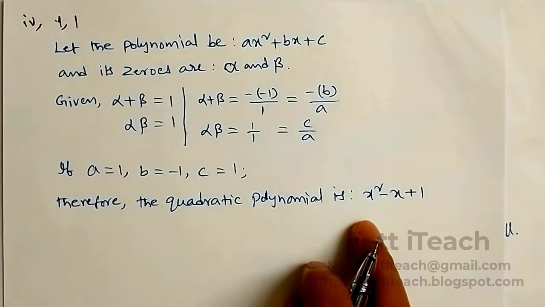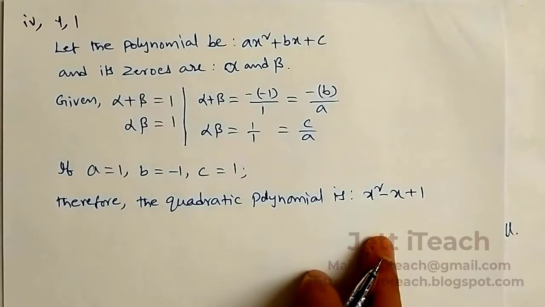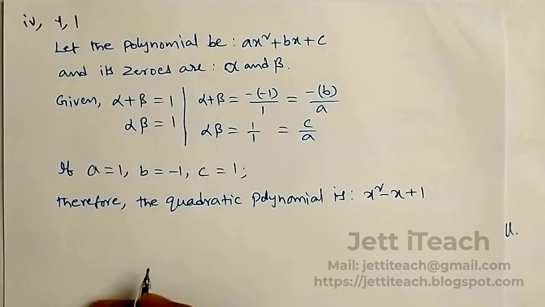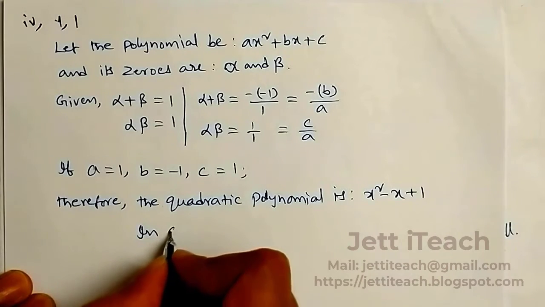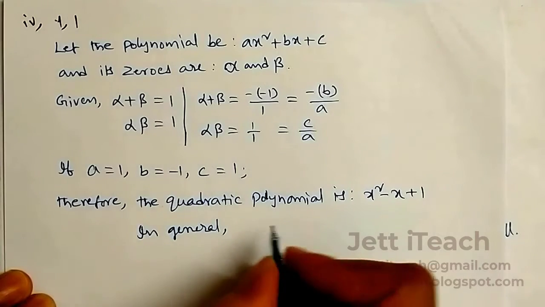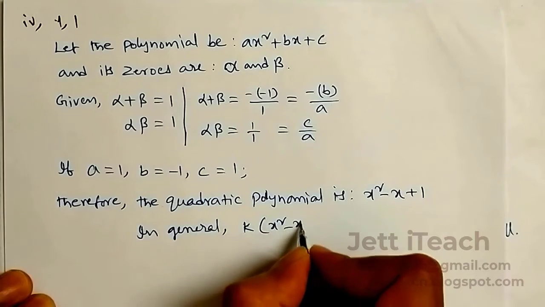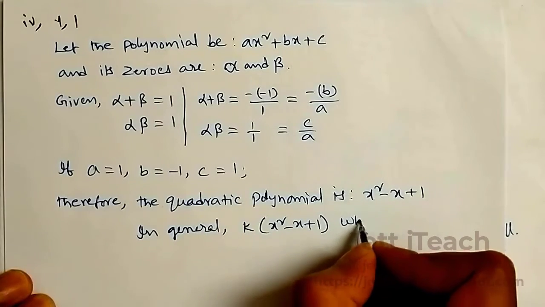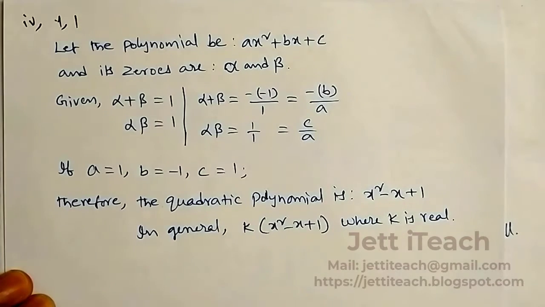So x square minus x plus 1. In general, if you want to write this as a general form, k of x square minus x plus 1, where k is real.